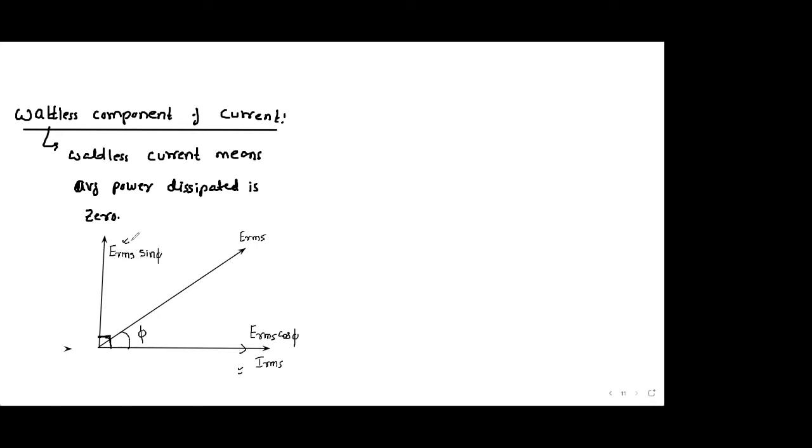So what is the phase difference between ERMS sin phi and IRMS? Just by looking at this diagram, the phase difference is pi by 2. They are perpendicular to each other. The phase difference between this quantity and this quantity is 90 degrees.